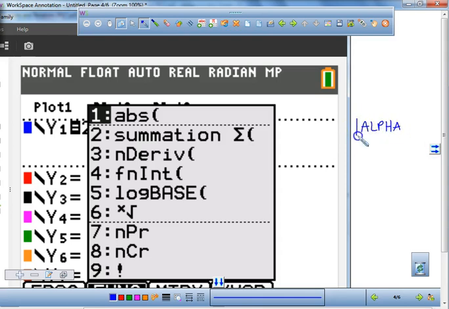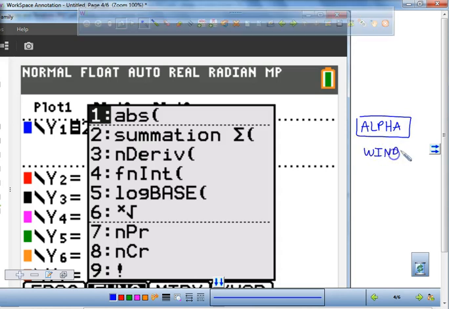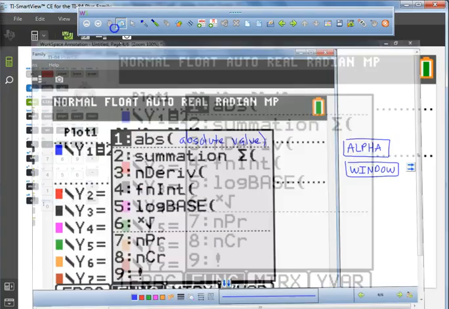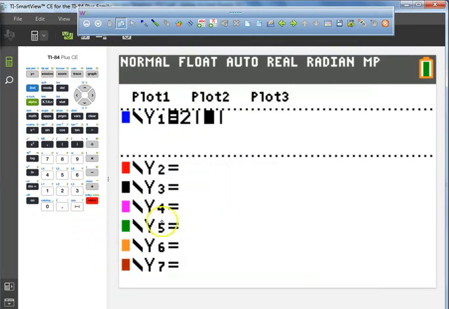Hit the alpha button, and then hit the window button. That's a shortcut to get to the ABS, which does not represent anti-lock braking system. It represents absolute value, so it's the alpha window and then the number 1. So you press enter, and now you have your absolute value bars.